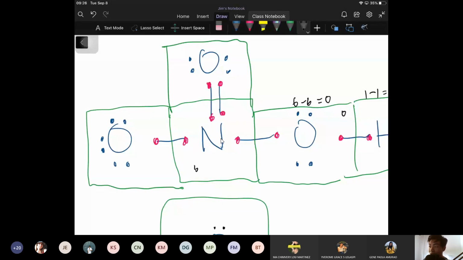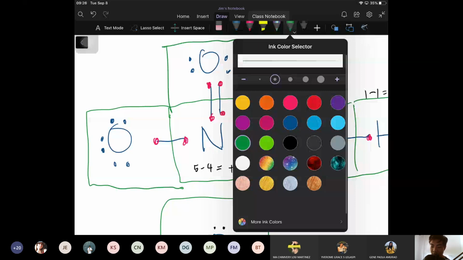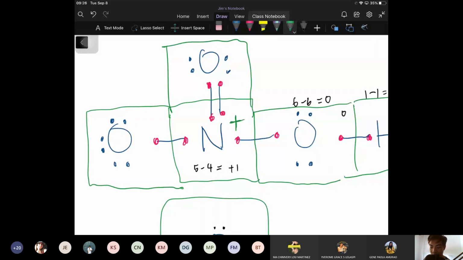So, 5 minus have. How many dots does it have? 1, 2, 3, 4. So, 4. So, 5 minus 4 is positive 1. So, that means nitrogen is positively charged here. So, nitrogen is positively charged.